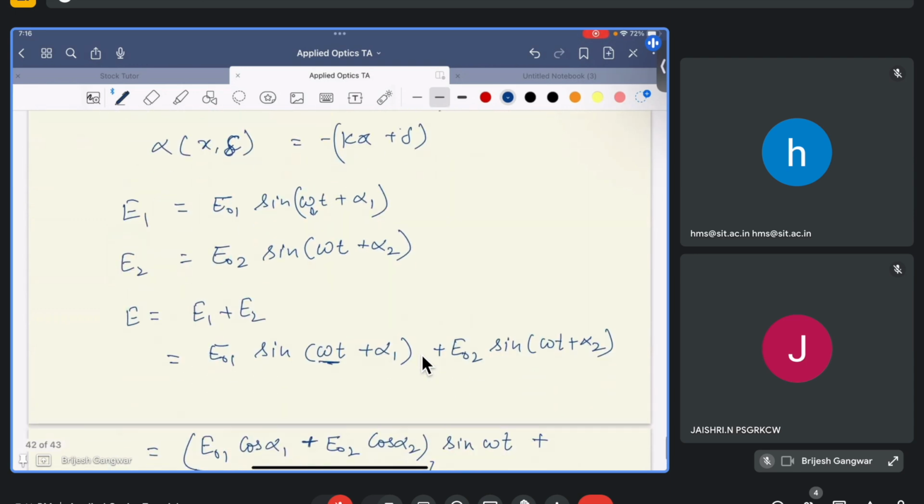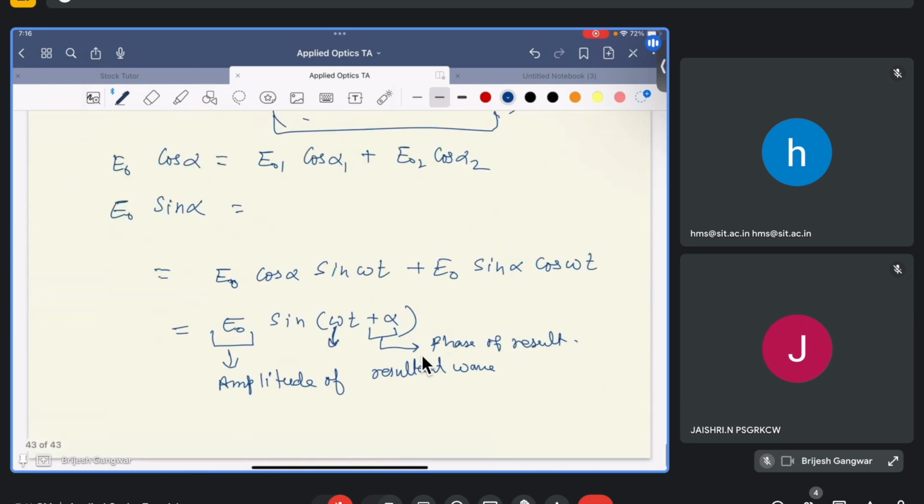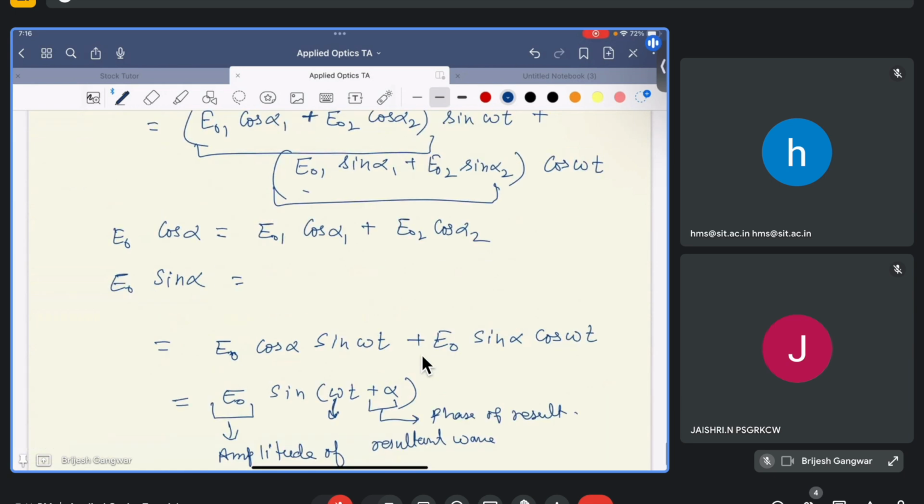Then you will have ω1 and ω2, and you will find in one term ω1 plus ω2, and in another term ω1 minus ω2. With ω1 minus ω2, you have heard the concept of beats, the beating of waves.